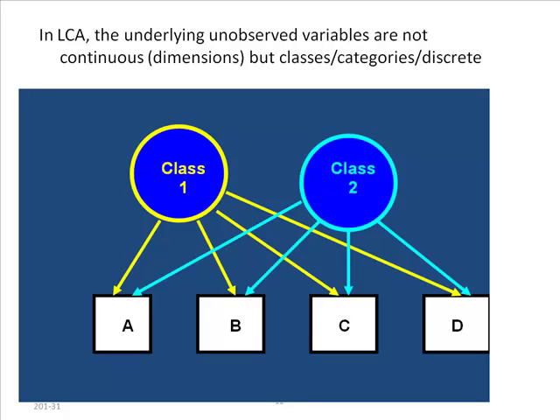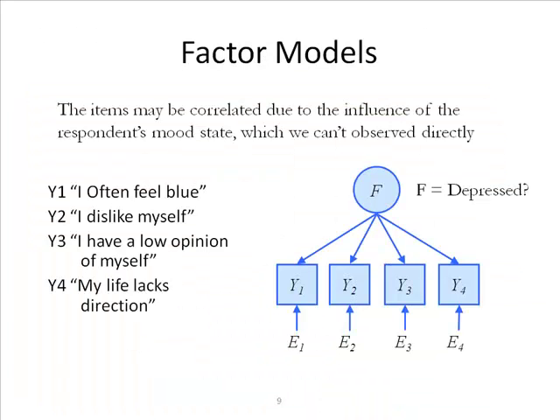Okay, so that's all about factor analysis. Latent class analysis is very similar to factor analysis. The big difference is that instead of an underlying dimension that is continuous, over here in this example, I was assuming that depression or depressive symptoms represents an underlying continuous dimension.